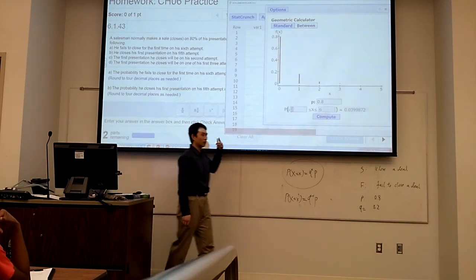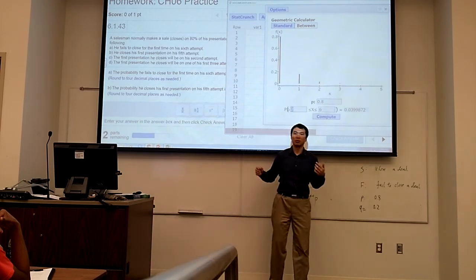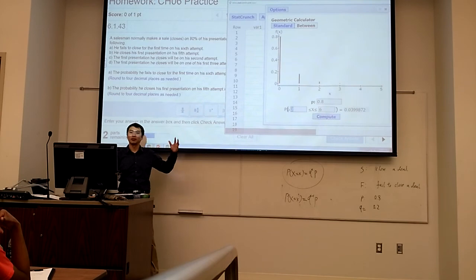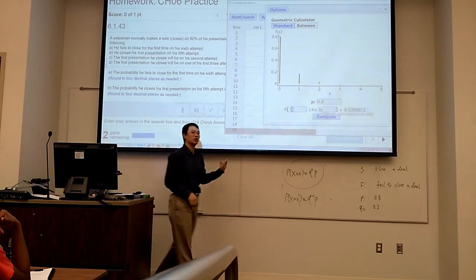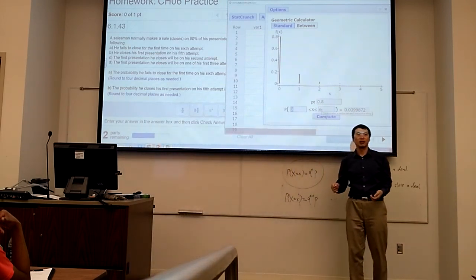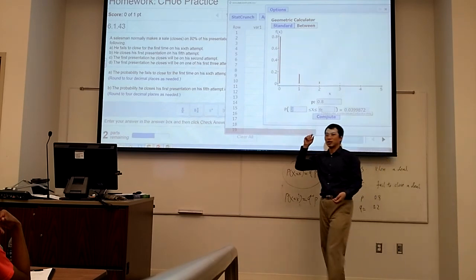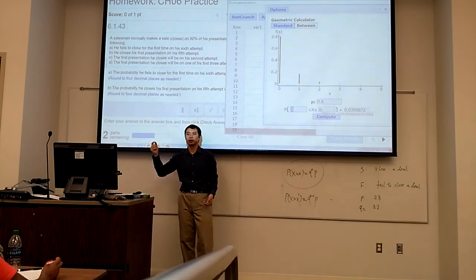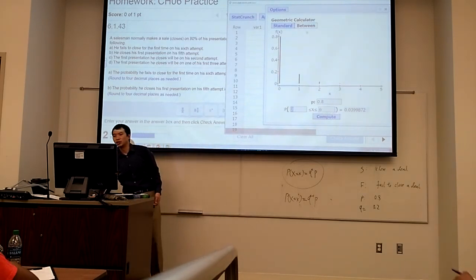So that's you find out the probability that his first success happens between one number and the other number. If I put 2 and 6 here, that means we are calculating his first success happens on his second or third, fourth, fifth, or sixth attempt. Okay? So that's when we use this between.